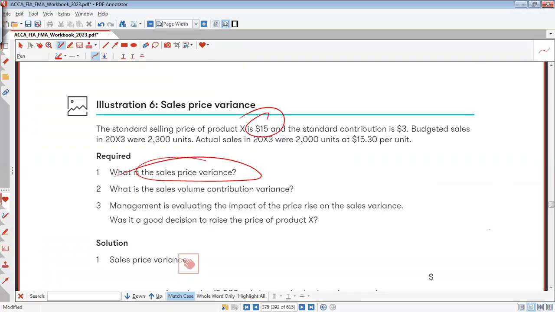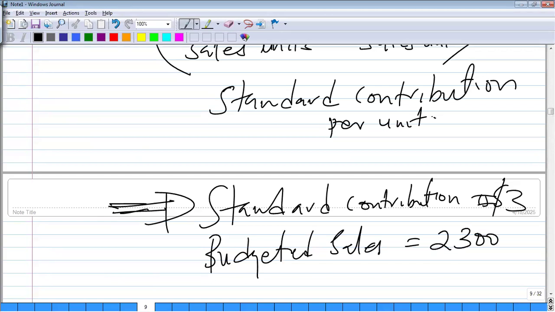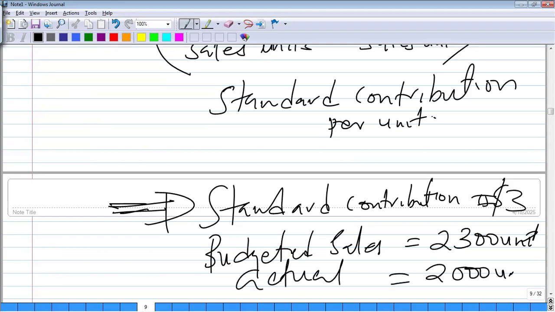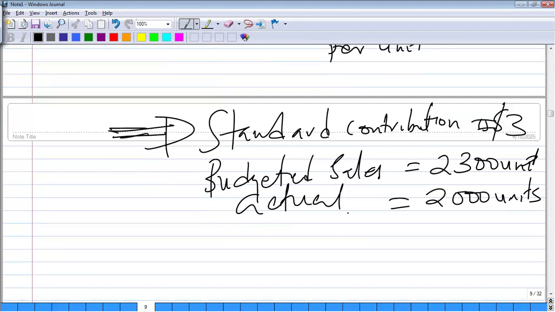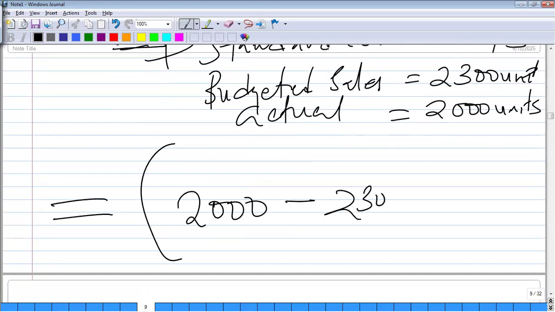Then budgeted sales were 300. And actual, already established this, actual was 2,000 units, okay? So feed the information and say 2,000 units minus 300 times 3, okay?